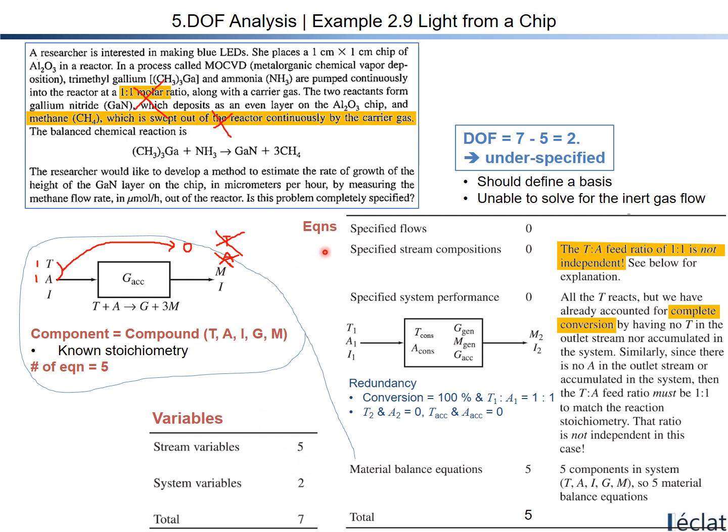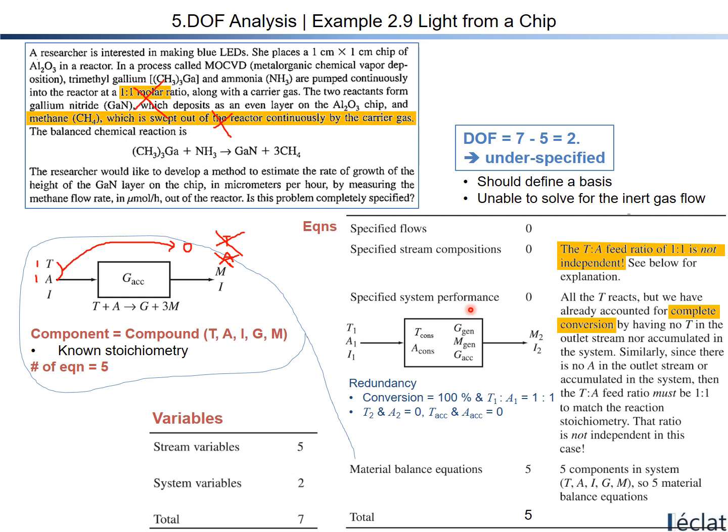And let's go to the equations. Some specified flows may be the basis, so I cannot find the basis here. So 0. And for stream composition specification, of course, we have the 1-to-1 molar ratio for the input. However, we have already used this condition while we drew the block flow diagram, so it should be 0. How about system performance specification?